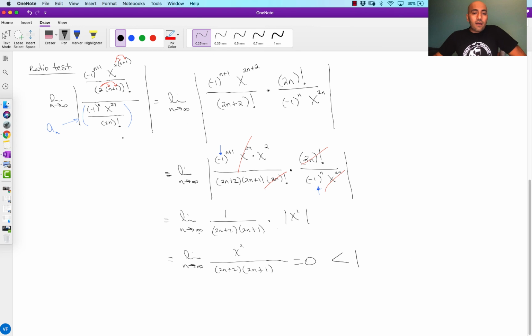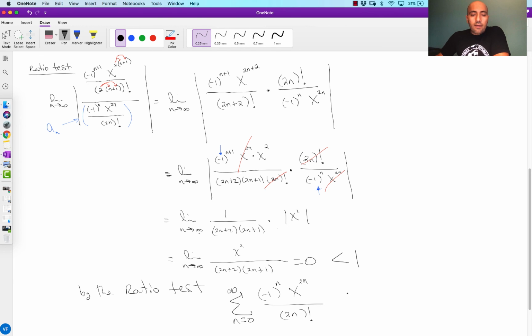So what we can conclude is that by the ratio test, we've concluded that the sum as n goes from 0 to infinity of negative 1 to the power of n, x to the 2n, all over 2n factorial will converge for all real numbers.